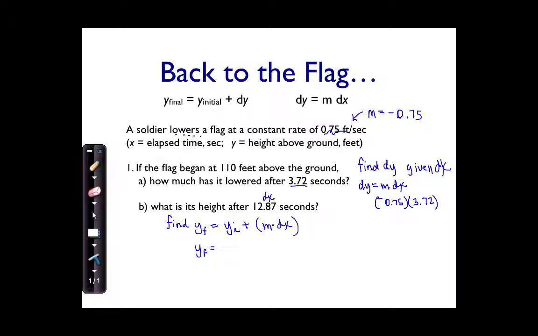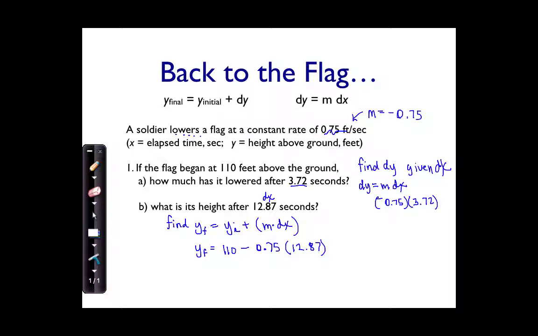Or if we make the moment, the increment of independent variable dx, incredibly small, then within a small moment, we're going to have essentially constant rate of change. So it's close enough, and we could make it closer if we need to for some reason, like error computation-wise. But in terms of the computations for this, we just say, oh, well, it was at 110 feet, and then it went down by 0.75 feet per second for 12.87 seconds.